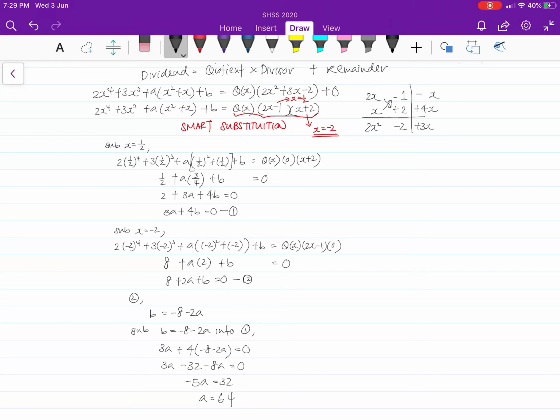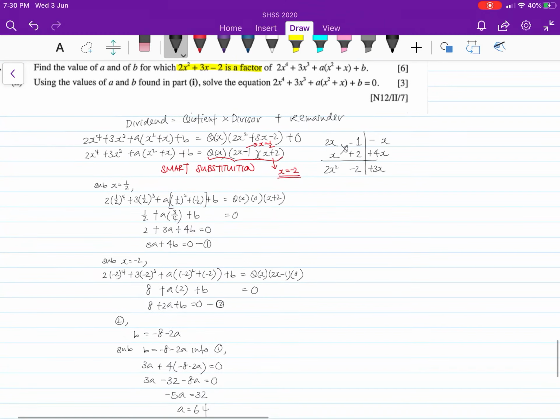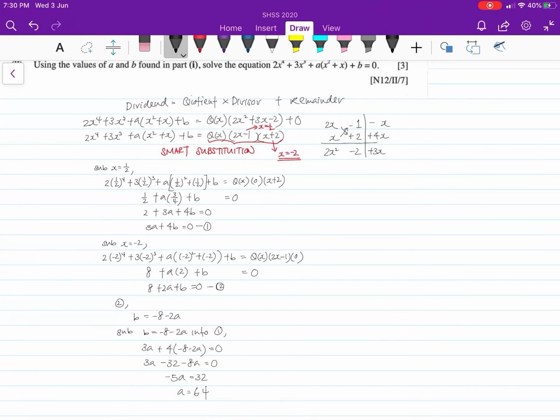To the power of 4 plus 3, 0.5 to the power of 3. It's half. It seems like my working is correct. So a is 6.4 for some reason. Did I copy the question wrongly? 2x to the 4 plus 3x cubed plus a. Yeah, it's correct. I wonder why it is not an integer. If I made a careless mistake, please feel free to point it out to me.